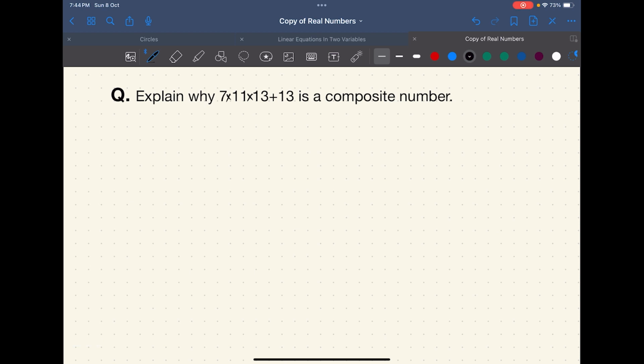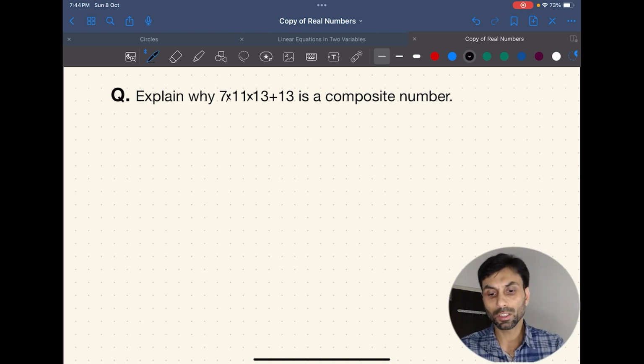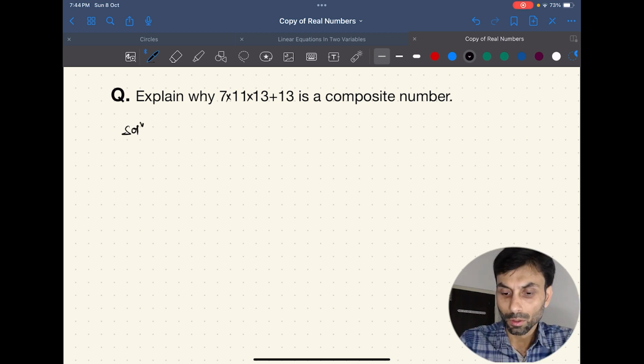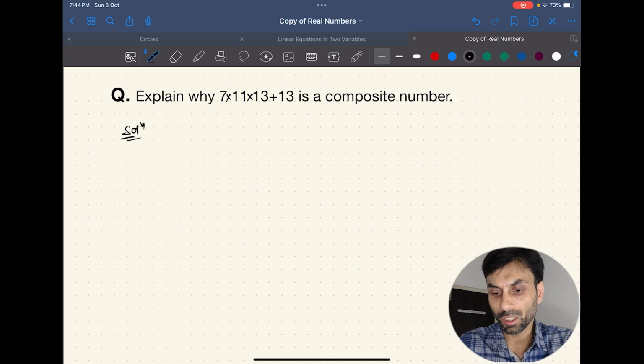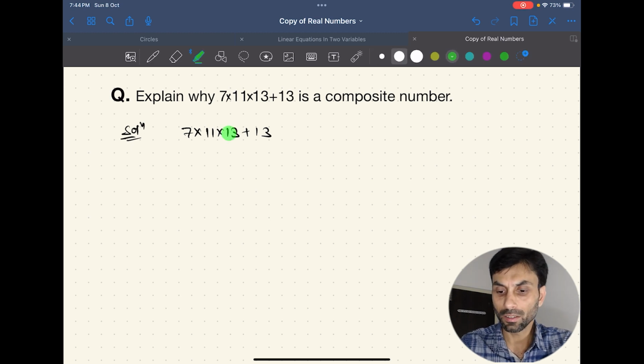This question also is very important, as many times questions have come based on this concept. The question says: explain why 7 into 11 into 13 plus 13 is a composite number. To solve this type of question, we take 7 into 11 into 13 plus 13. Here 13 is a common factor between the two terms.